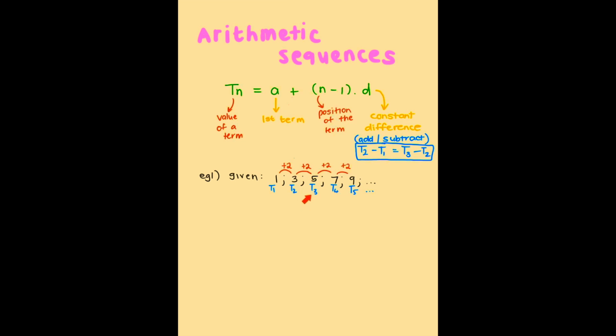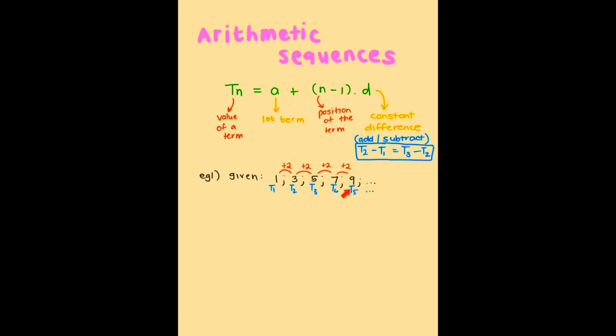So let's look at this third term. The position is 3. It is the third term, and its value is 5. It's really important that we understand the difference between n and Tn, because this is what really catches people out when we get to our fully worked questions. So the 5 is in the third position and has a value of 5.